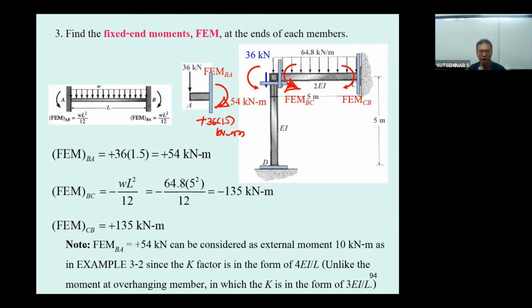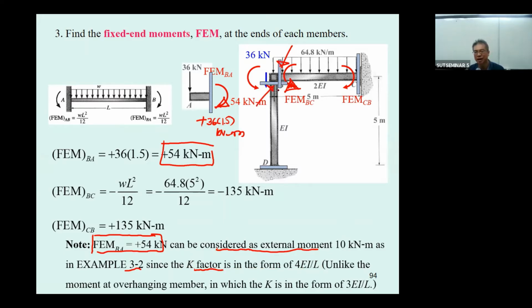Before we go to the table, let's talk about the fixed end moment at this one again. We consider it to be the external moment as shown in the example. And the K factor in this is going to be 4EI over L. Why? Because it's connected by the member.